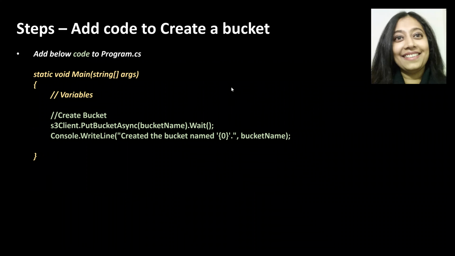Okay, so let us go ahead and add some additional code. The next thing that we will do is add code to create a bucket. And this is that piece of code. So what we are doing is creating a bucket asynchronously. And this is the function or the API that creates this particular bucket: put bucket async, and the bucket name that we get as a parameter. We are going to create a bucket with that particular name.